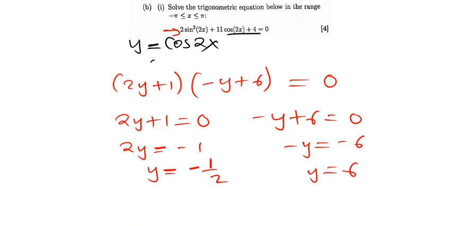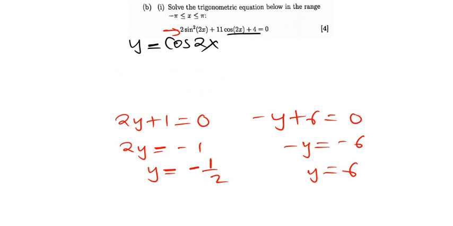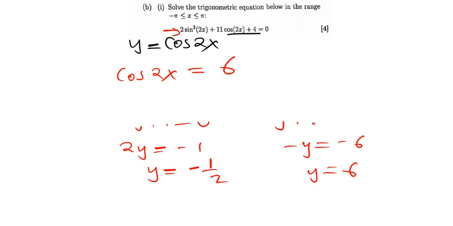So these are the two possible values of y. Now, for us to answer the question, we have to get back to what we said. Let our y be equal to cosine of 2x. So cosine of 2x should be equal to the two possible answers. If I try 6, how does that look?